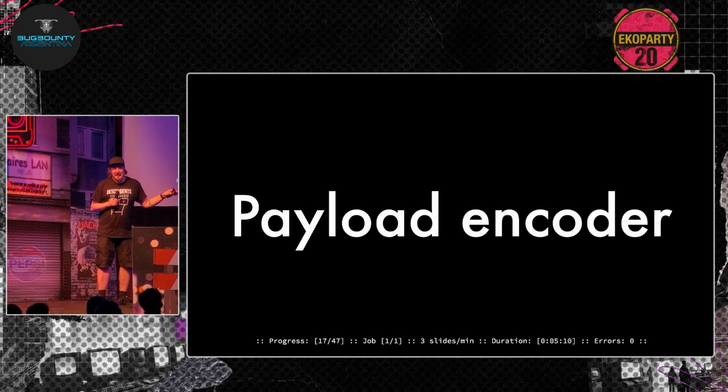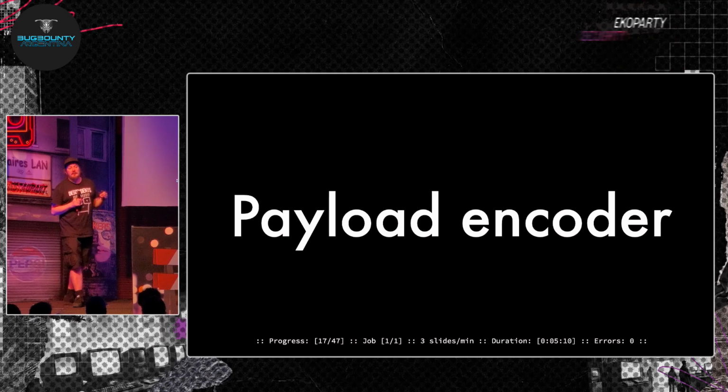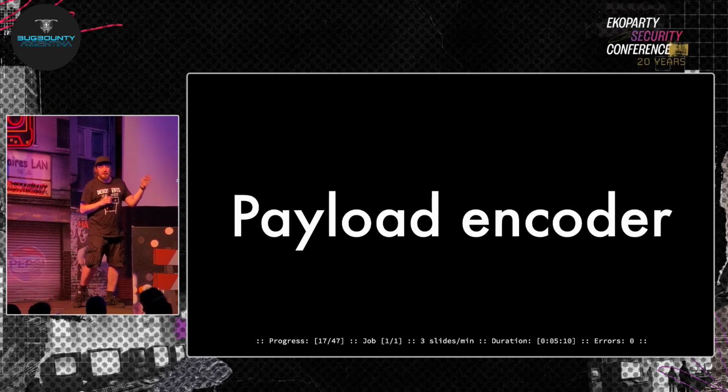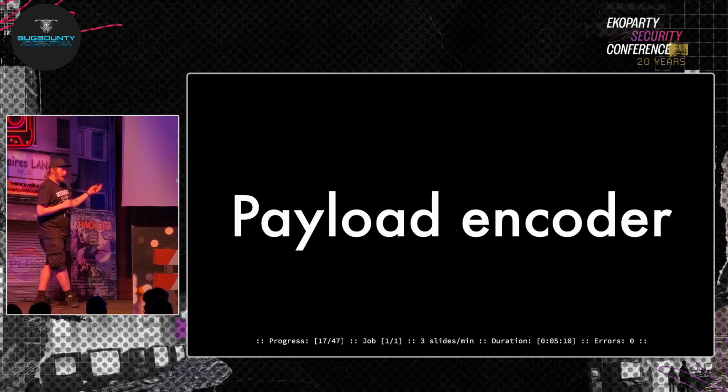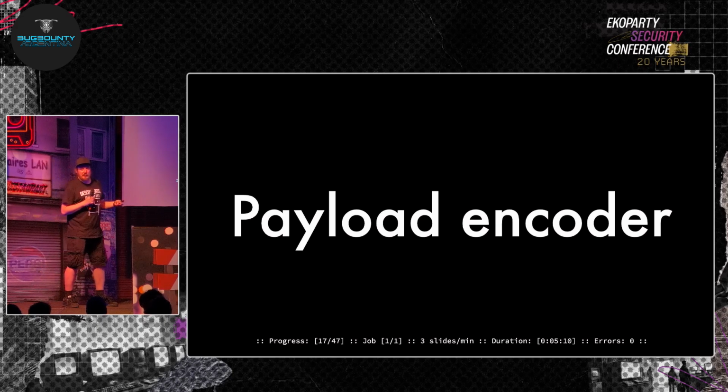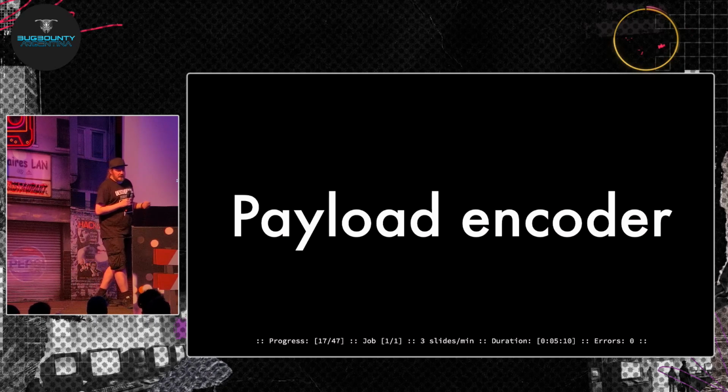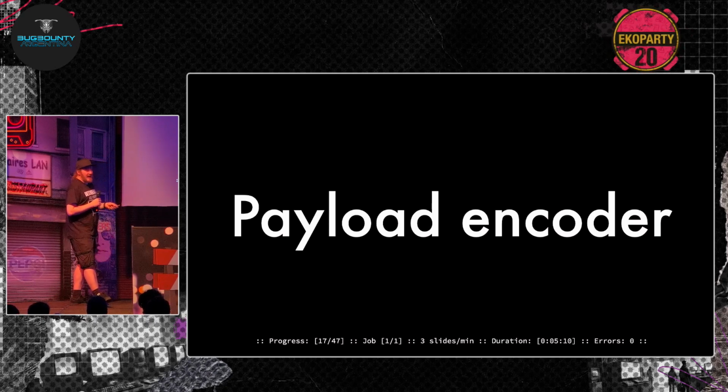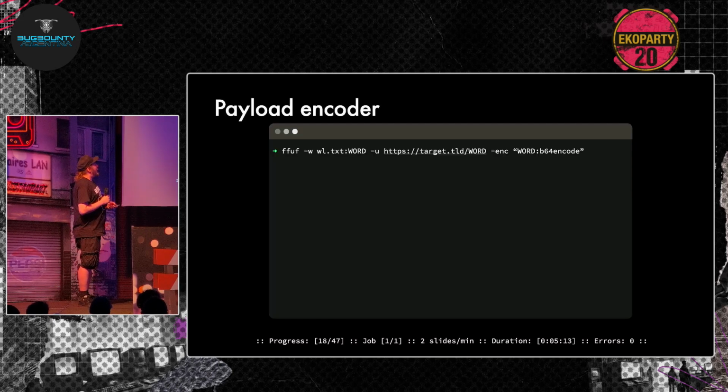It has been in FFUF for over a year, but I realized that the only documentation about the feature is in the pull requests in the repo somewhere. Closed pull request, obviously, because it's merged. So giving the rest of you, outside of these 3 people who already knew that, a bit of a leg up, because this is the first time ever I'm talking about this. So yeah, sorry, I guess.